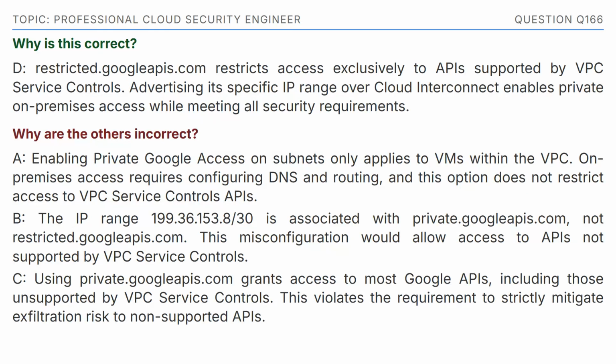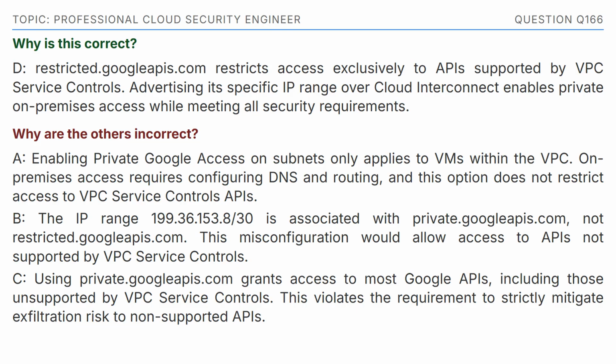Why is this correct? D. Restricted.googleapis.com restricts access exclusively to APIs supported by VPC Service Controls. Advertising its specific IP range over Cloud Interconnect enables private on-premises access while meeting all security requirements.